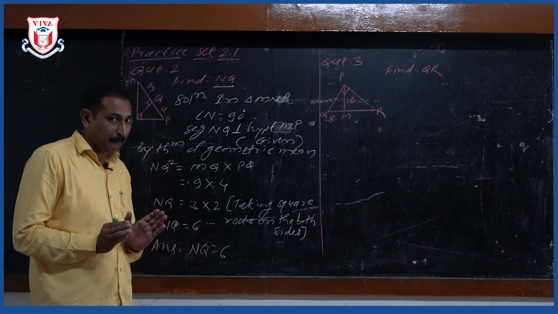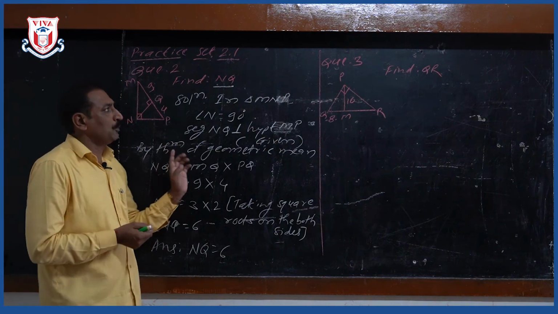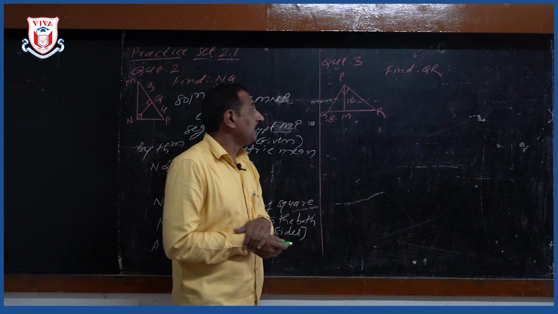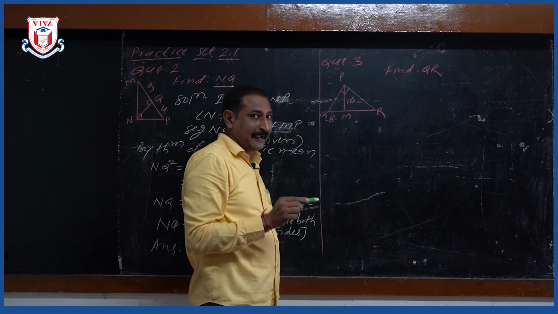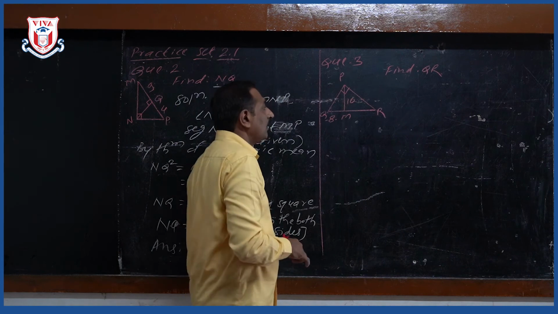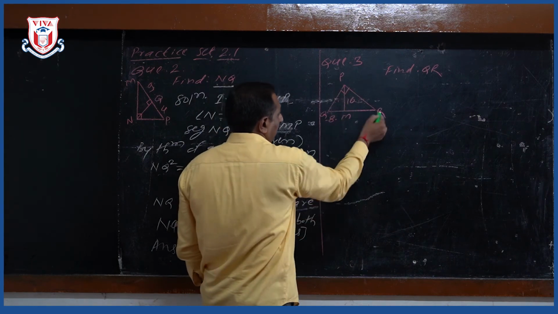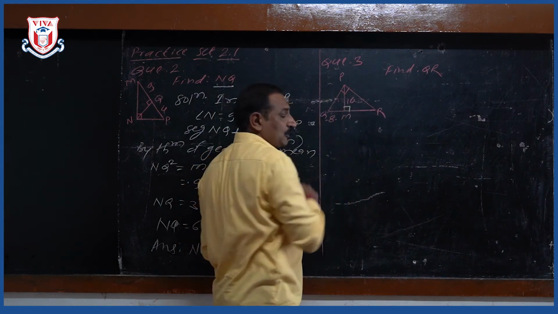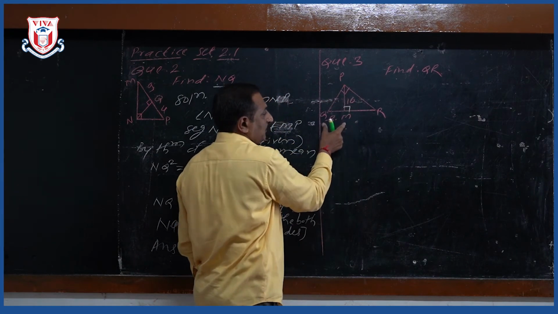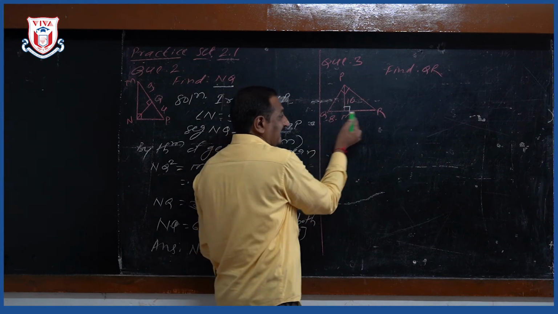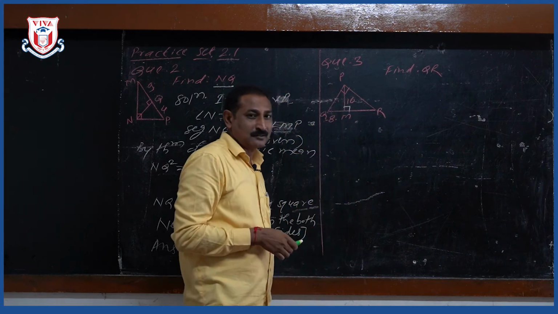It's very simple. Now similarly, the next question, in which PQR is a right angle triangle, angle P is 90 degrees. Again PM is perpendicular to QR, this is also given. PM is given 10, QM is given 8. You find this total QR.